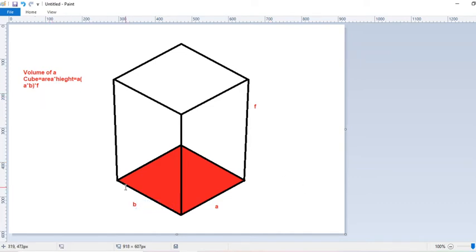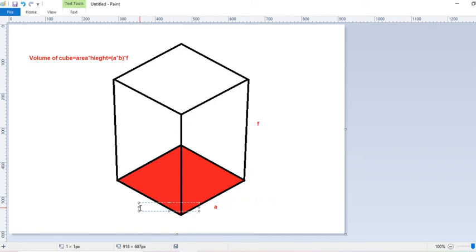The volume of the cube is equal to area into height. This is F, this is A, this is B. So we can find out the volume as A into B into F.